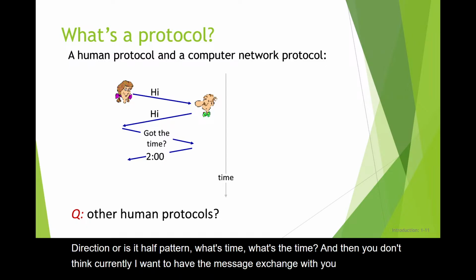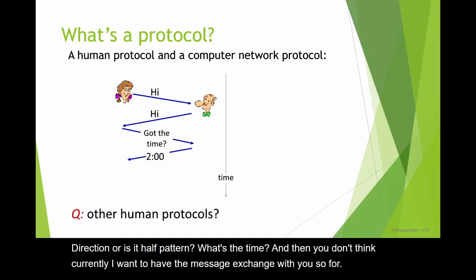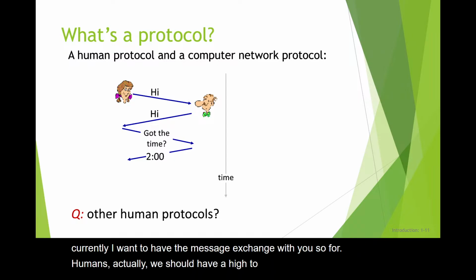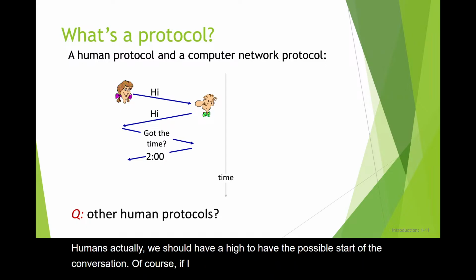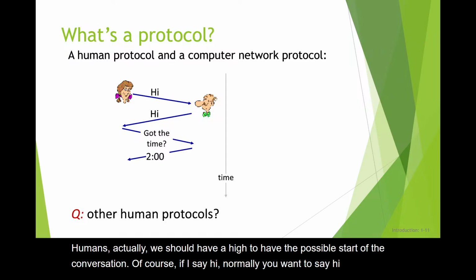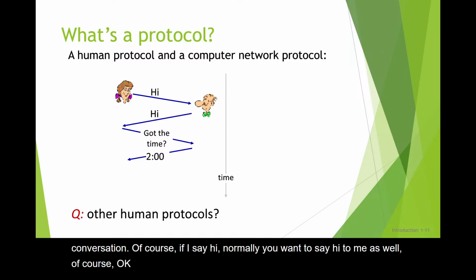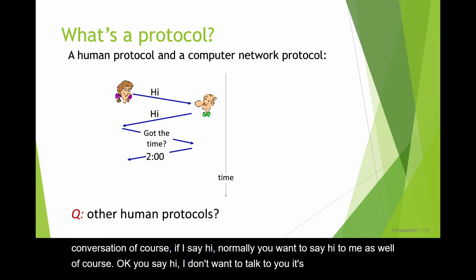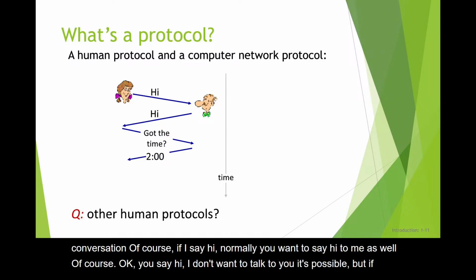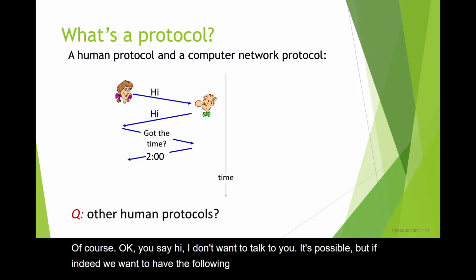So for humans, we should have a hi to have the possible start of the conversation. Of course, if I say hi, normally you want to say hi to me as well. Of course, you might say hi and not want to talk to me. It's possible. But if indeed we want to have the following conversation, we should have the start of the conversation, hi.